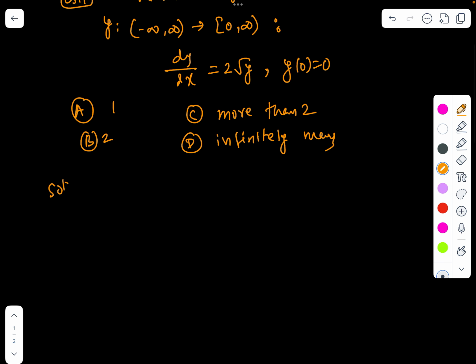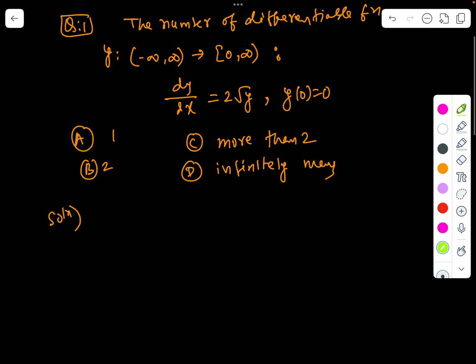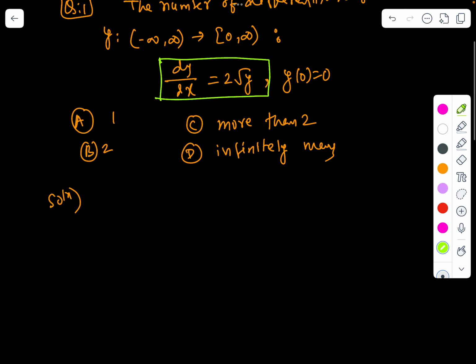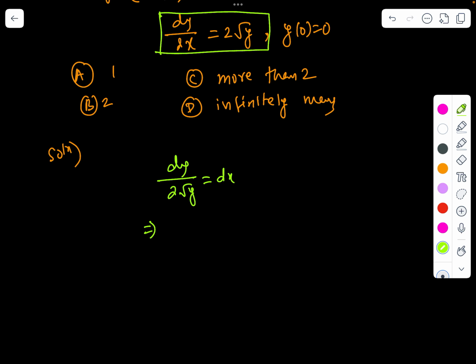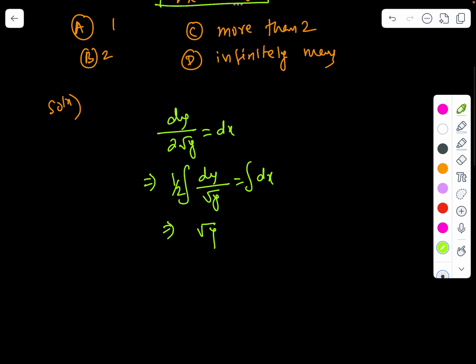So let's see how a typical student solves it and what the catch in this question is. It feels like a very obvious and easy question. We can take dy by 2 root y equals dx, and then integrate on both sides. Integration of dy by root y is half times integration of dx, and it's root y equals x plus some constant.